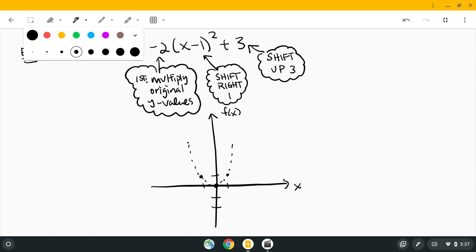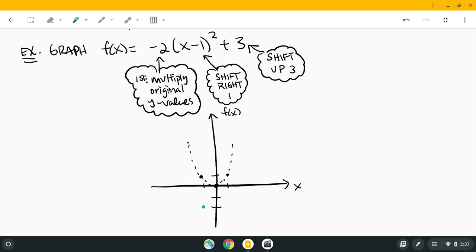I'll use a different color. I'll use green. This one here, this point has a y value of 0. 0 gets multiplied by negative 2, and we get 0. And this one has a y value of 1, and it gets multiplied by negative 2.